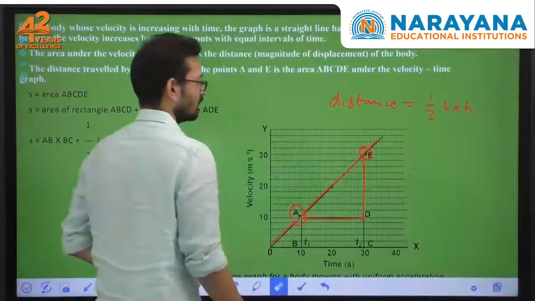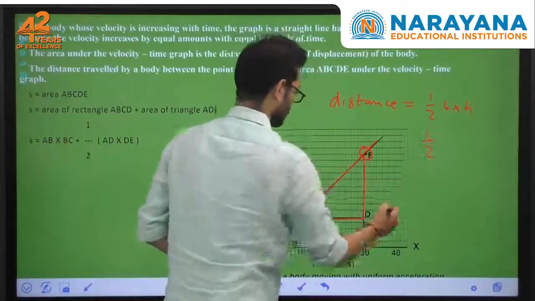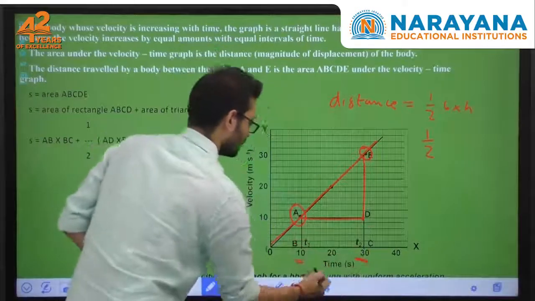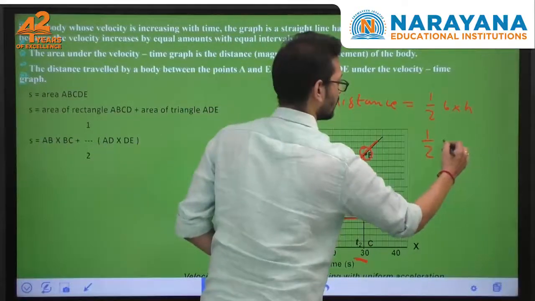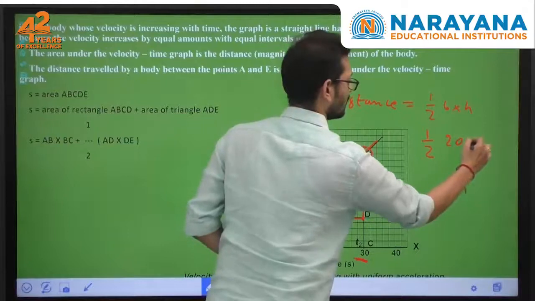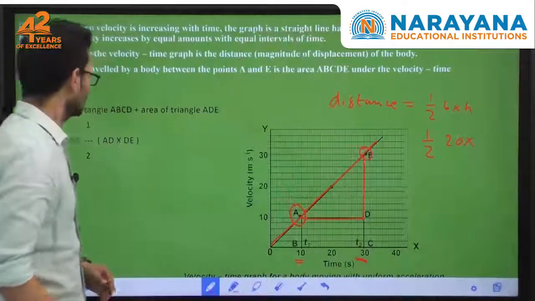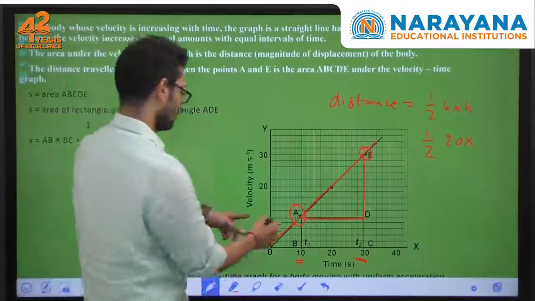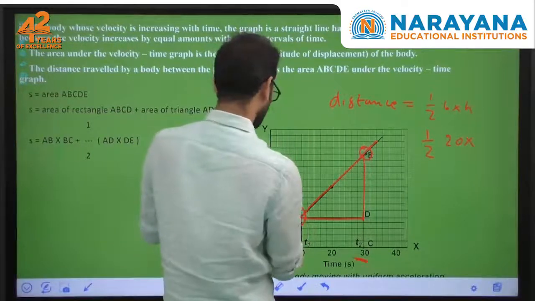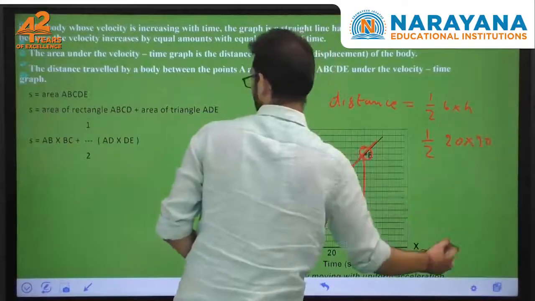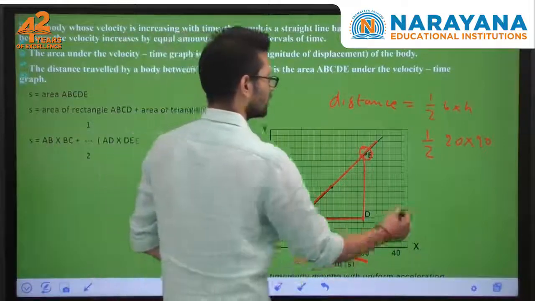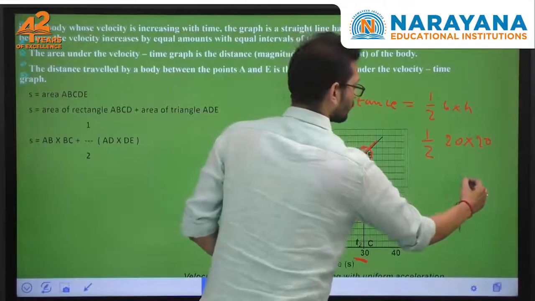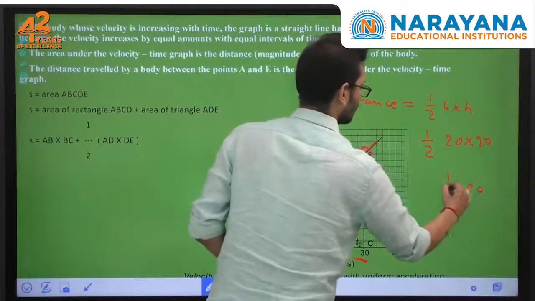Over here, half, what is the base? 30 minus 10, it's 20. Height is 30 minus 10, 20. So how much will you get? You will get 400 by 2.